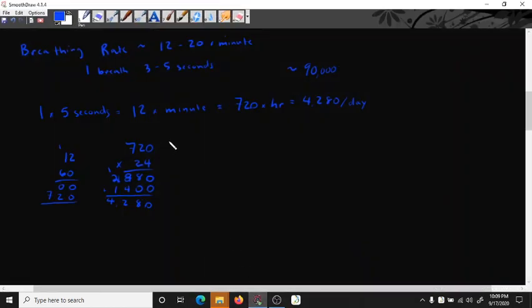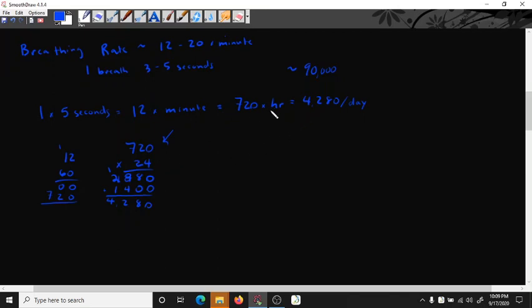Okay, so that was bugging me, so I had to do the math, and you always show your math. As adults, we're probably around 12 breaths a minute, and that's at rest. Keep that in mind, that's at rest. So if we breathe once every 5 seconds, that's about 12 times a minute, and there are 60 minutes in an hour, so 60 times 12, 720 breaths per hour.